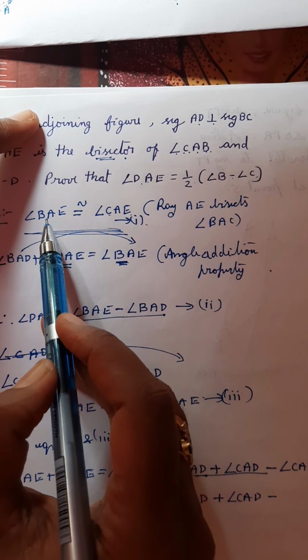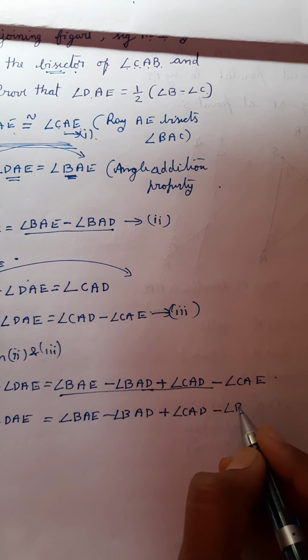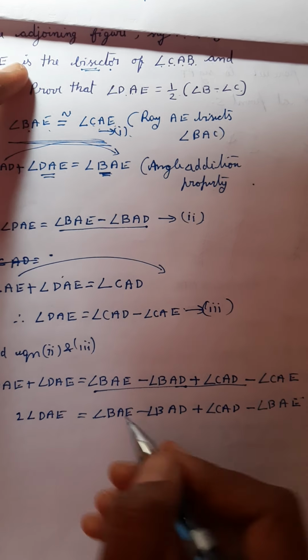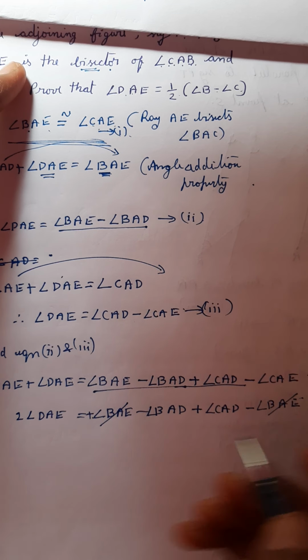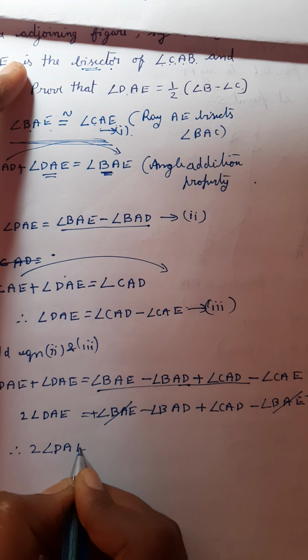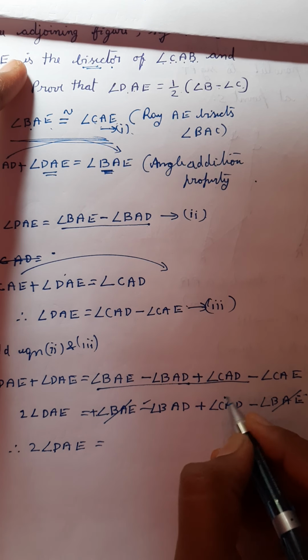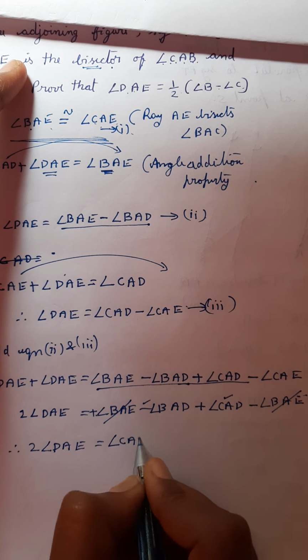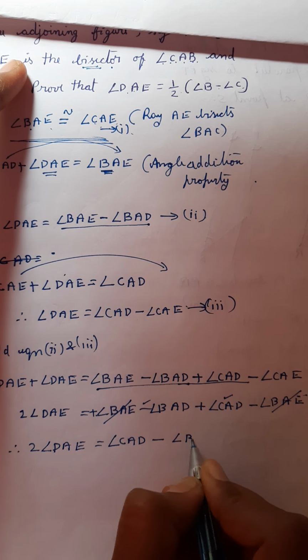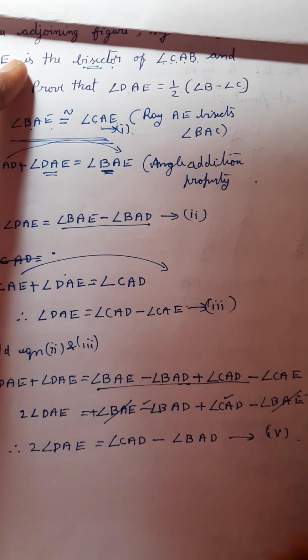Instead of CAE we can write BAE. These are congruent, is it? So I will write BAE. So here positive BAE, negative BAE cancels. Therefore 2 angle DAE is equal to whatever is remaining. First I will write angle CAD minus angle BAD. Consider this as equation 4.